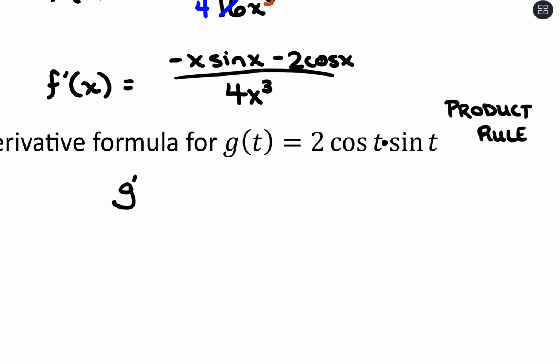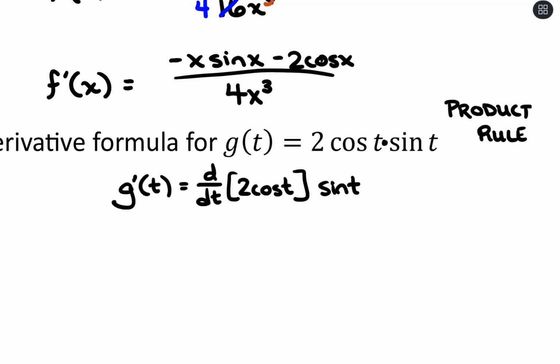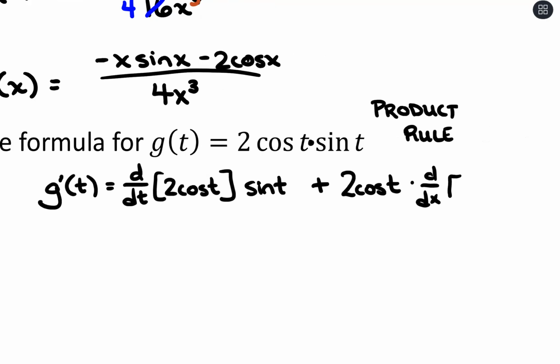So taking the derivative, I'll take derivative of the 2 cosine t, keep sine the same, plus keep the 2 cosine t times the derivative of sine t.